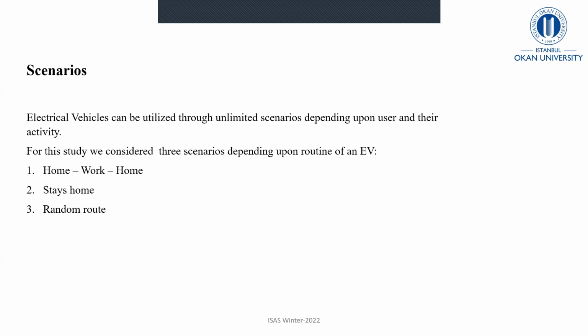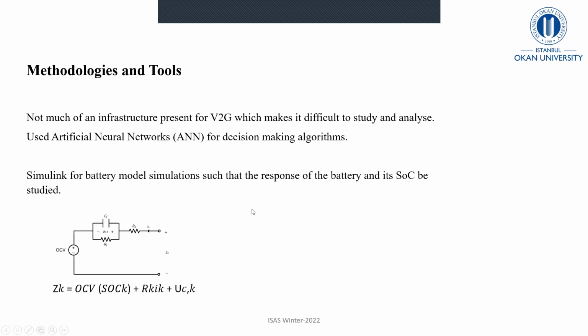It predicts how much will be consumed, and sells the remainder or recharges, as the situation requires. The second case is when the vehicle stays at home, and the third is when it is moving on a random route.